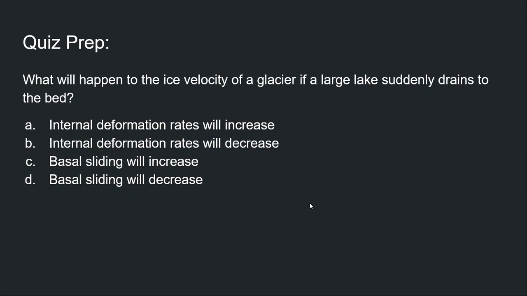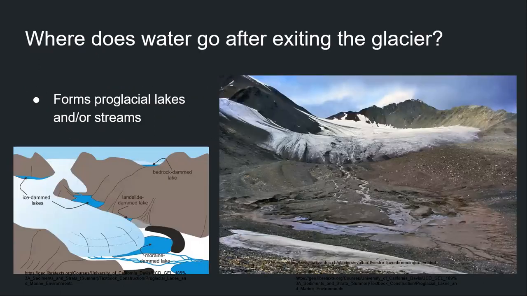So what you could have is the scenario where you have a lake that drains, the basal sliding increases a lot, and after that lake has drained, the basal sliding will decrease and eventually reach levels that are lower. You will have less basal sliding than before. That could be a case, but if that was an exam question, I would definitely be more precise in my question. And I'll see you in the next video.